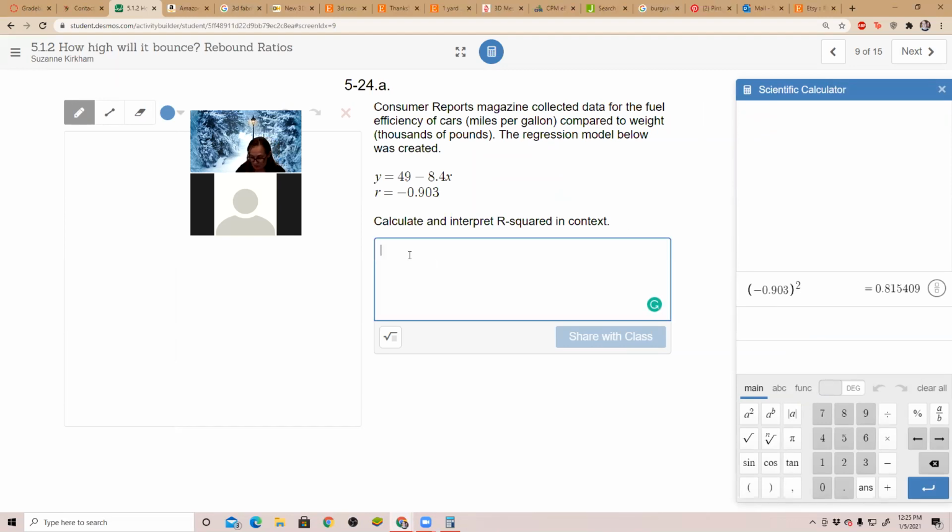So we can say r squared, and I'm going to turn it into an equation by clicking this little square root symbol, equals 0.815, which equals 81.5%.